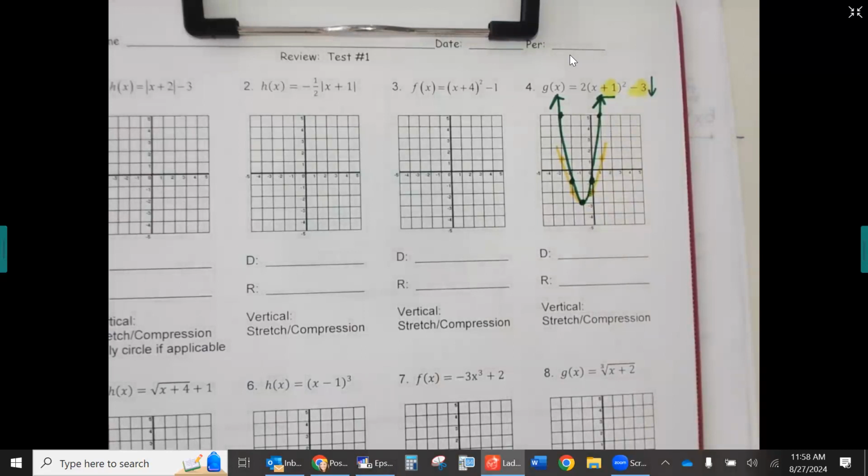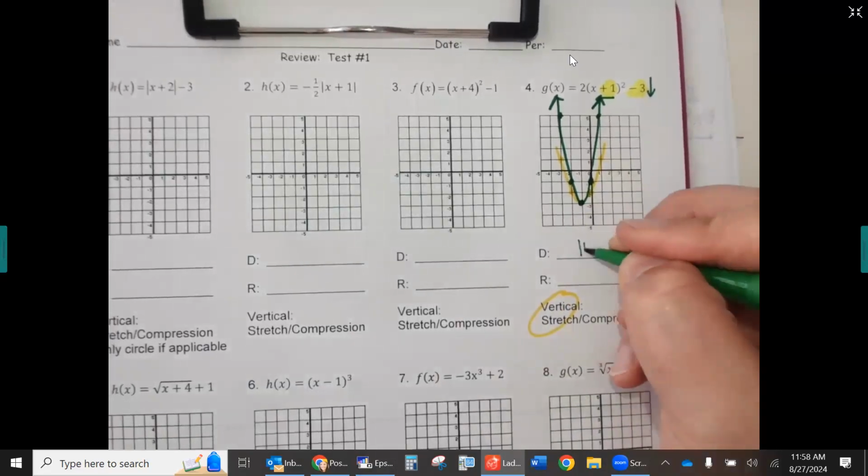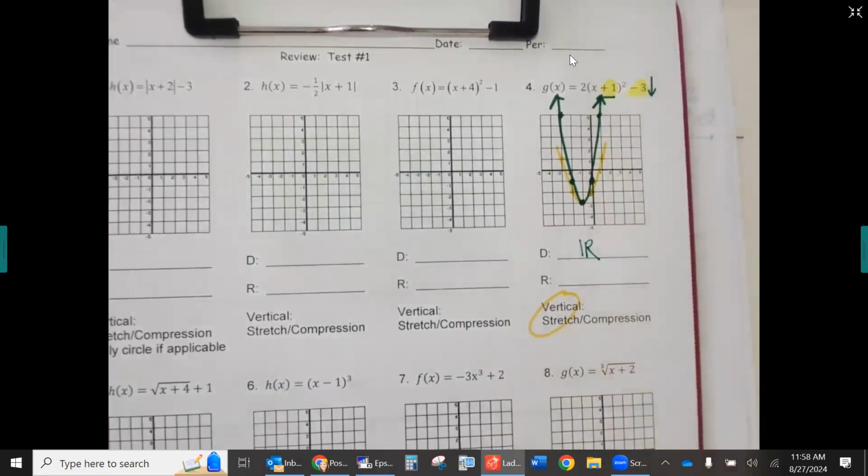So you're going to circle down here, do we call that a vertical stretch or a vertical compression? Stretch is correct. Okay, for your domain, your parabola goes both ways forever, so it's all real numbers. But for your range, what is the lowest your parabola can go? -3.